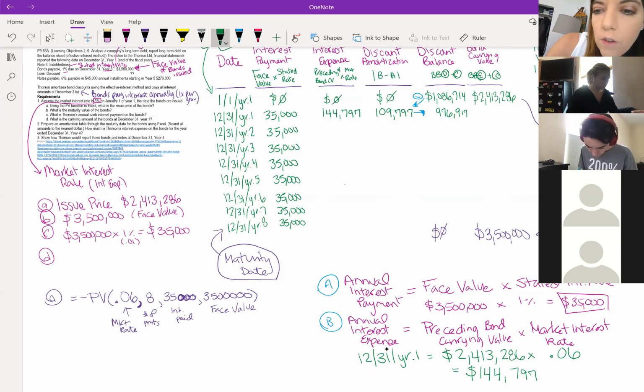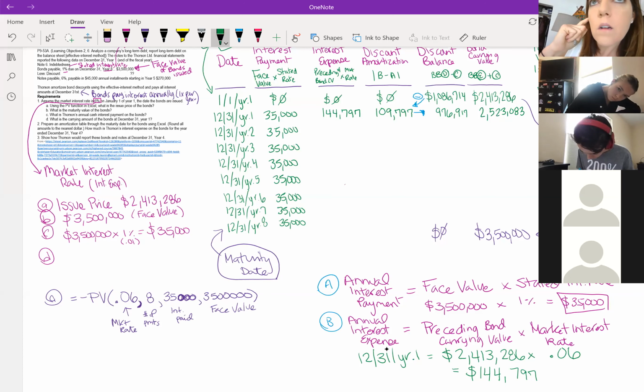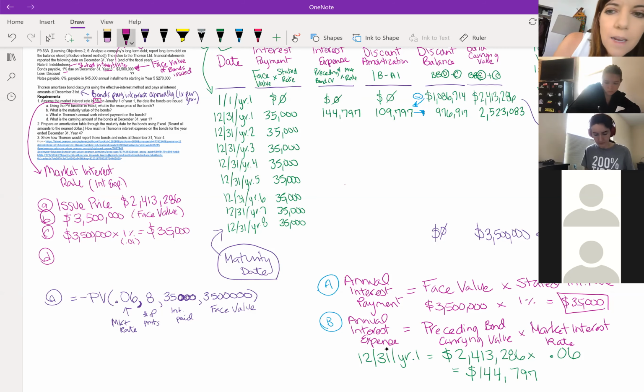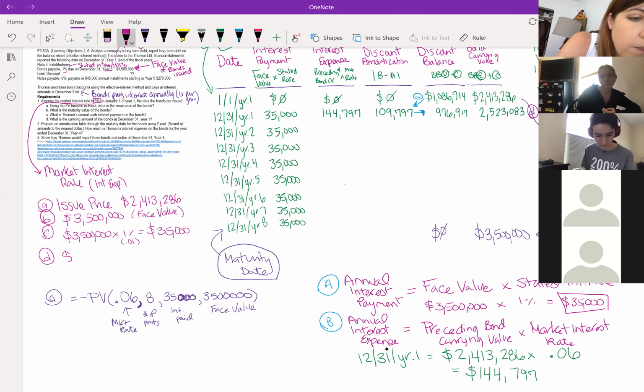So at the end of year one, 2,523,83 will be my carrying value of the bonds. And that is also the answer for Part D, because it asked us, what is the bond carrying amount of the bonds at December 31st, year one? 2,523,83.